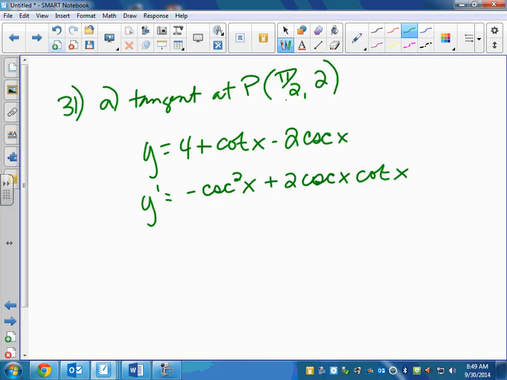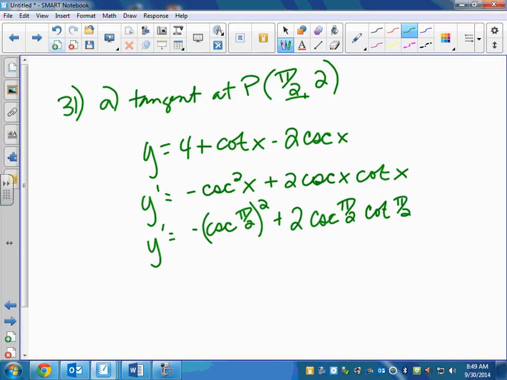The nice thing is pi halves is not that bad to plug in here. So you get negative cosecant of pi halves squared, because that's how I'm going to think about evaluating that, plus 2 times cosecant of pi halves times cotangent of pi halves.